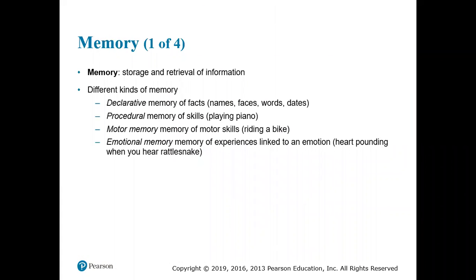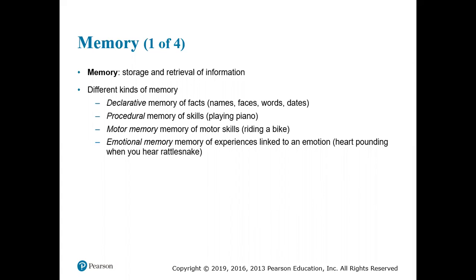When we talk about memory, this is storage and retrieval. There are different kinds of memory. There's declarative memory. This is names, faces, words, dates. Procedural memory, like playing a piano. Motor memory, like riding a bike.